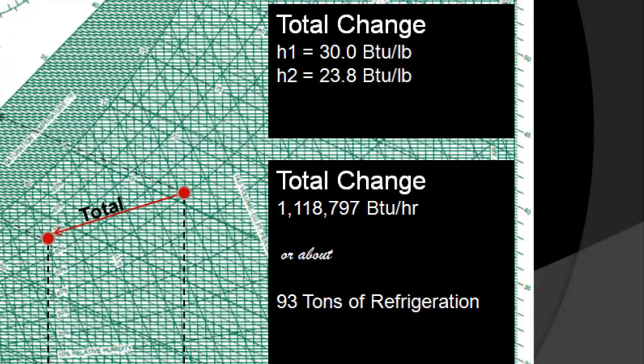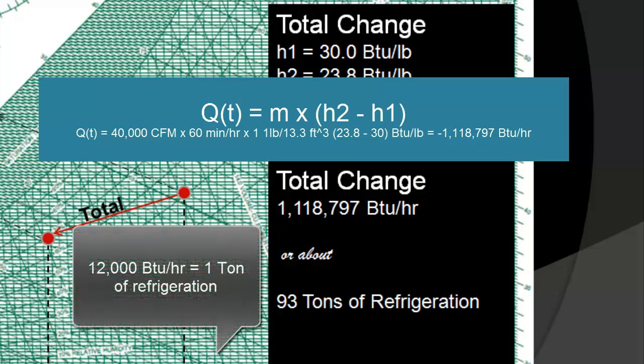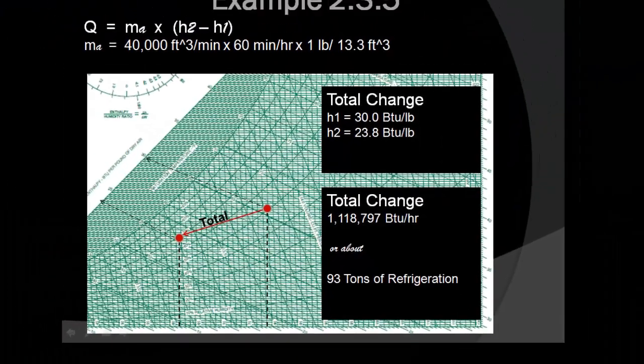And applying the enthalpy equation, we get 1,118,797 BTUs per hour. Using the conversion factor of 1 ton equals 12,000 BTUs per hour, we see that the total cooling capacity of this cooling coil is approximately 93 tons.